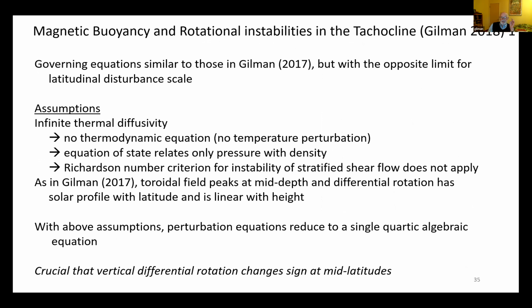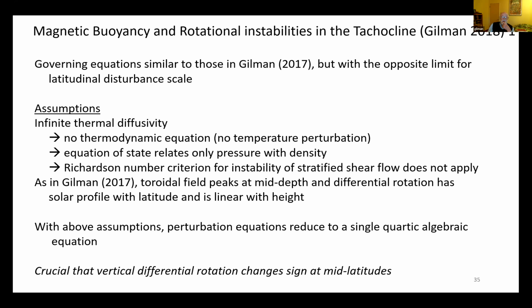And what that does is it makes the thermal diffusivity of the system essentially infinite. And when that happens, then you have no thermodynamic equation and therefore no temperature perturbations in this system. And so the equation of state relates only to pressure with density. And in this limit, the Richardson number criterion for the instability of stratified shear flow, that is the Helmholtz instability, goes away.